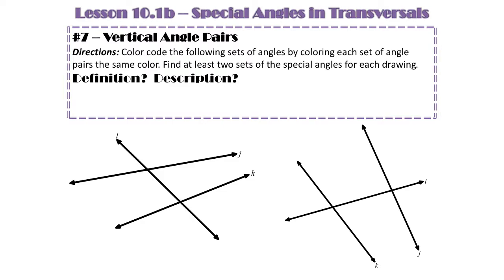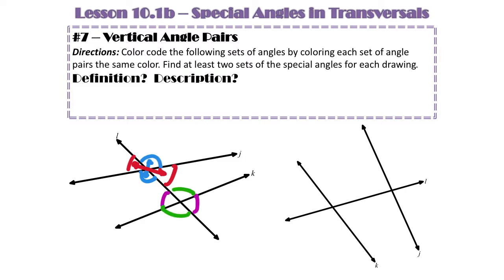So vertical angles, they're just through the vertex. Now these ones have to be at the same intersection though. So I'd say this angle here and this angle are vertical because it's through the vertex. Or this angle with this angle because, again, it's through the vertex right there. Or these two purple angles, or these two green ones.